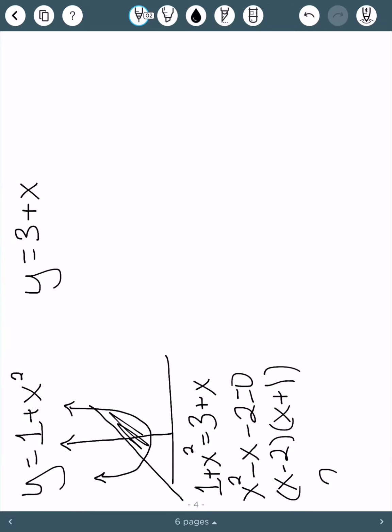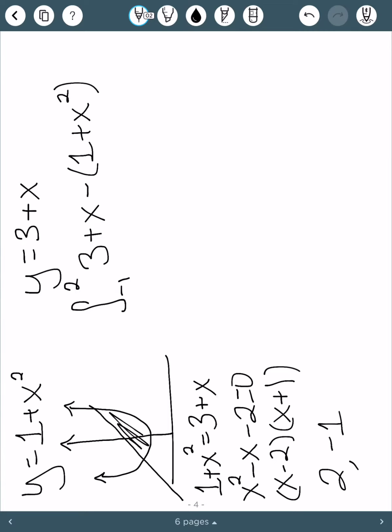So my intersection points are 2 and negative 1. The 3 plus x is on the top, minus the 1 plus x squared on the bottom.